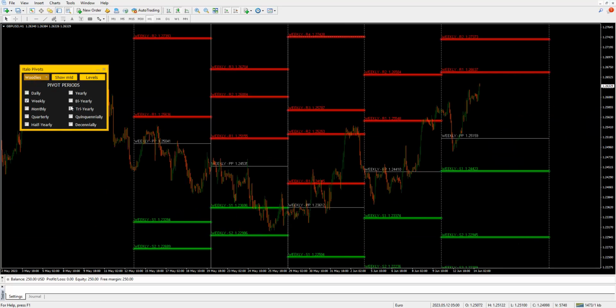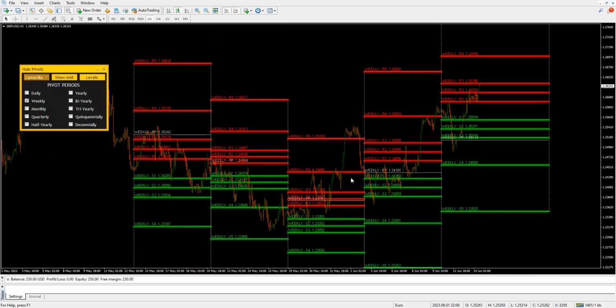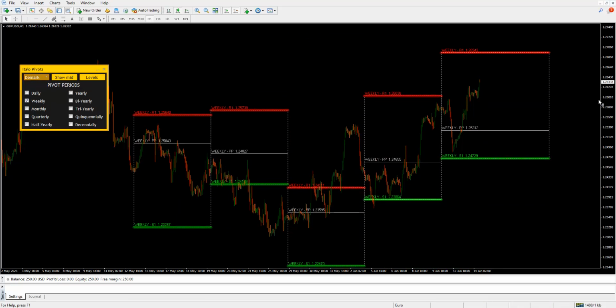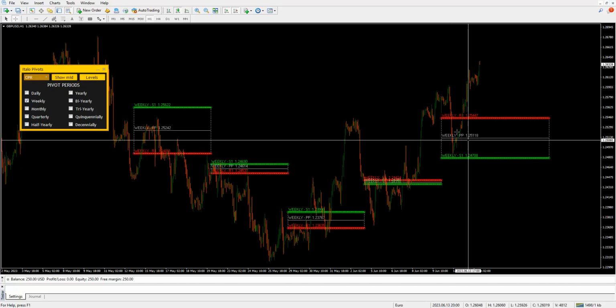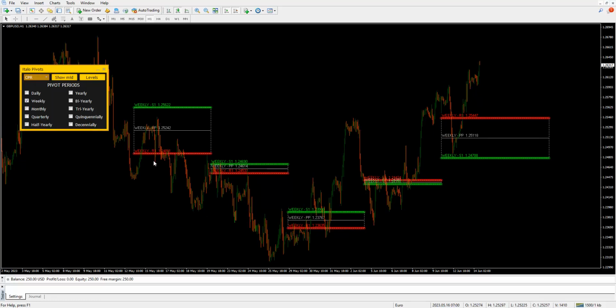Let's see the Woodies, the Fibonacci Woodies. It is a little bit different. Here in Camarilla, you have the Camarilla pivots. You have DeMark to trade, take a look, and the CPR pivot point to trade, take a look. So this indicator is the ultimate pivot point indicator because here we have every single pivot point type.